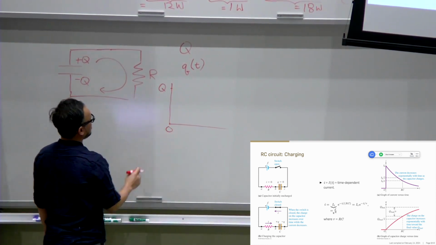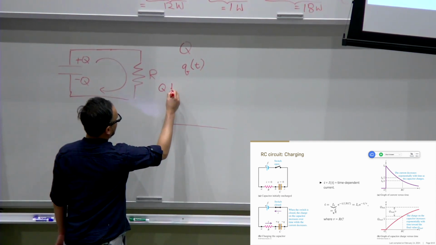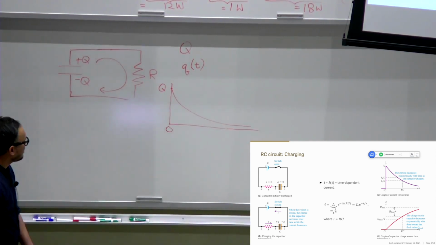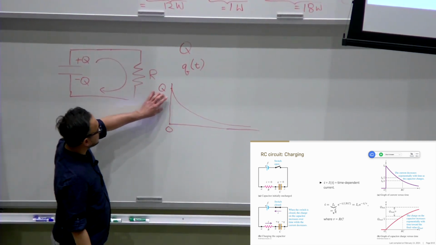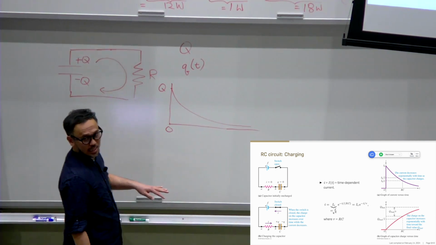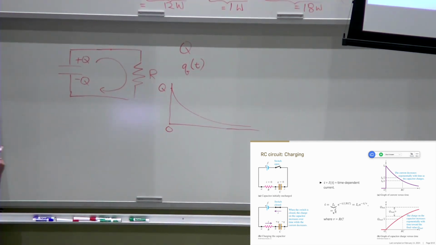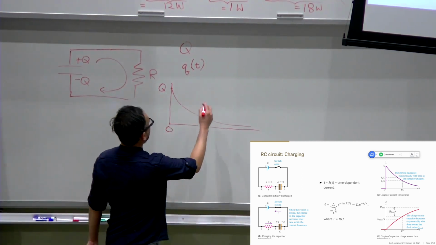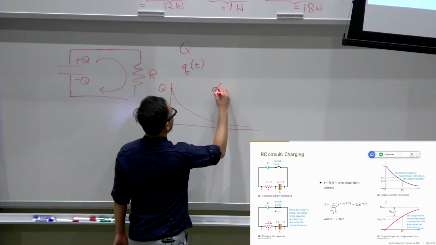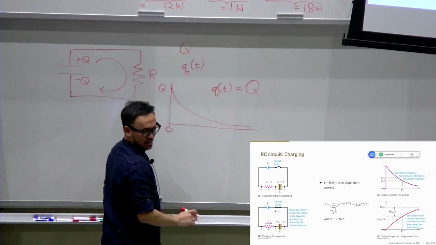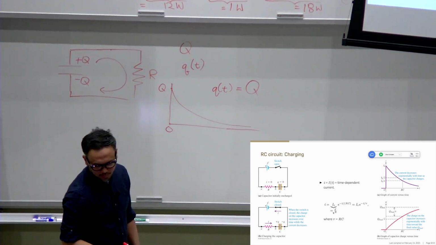And then as soon as you close it, the charge will decay exponentially. And you've seen this exponential equation in many places in science, like radioactive decays. When I boil water and I let it cool down, it follows this equation. So q is equal to initial Q.